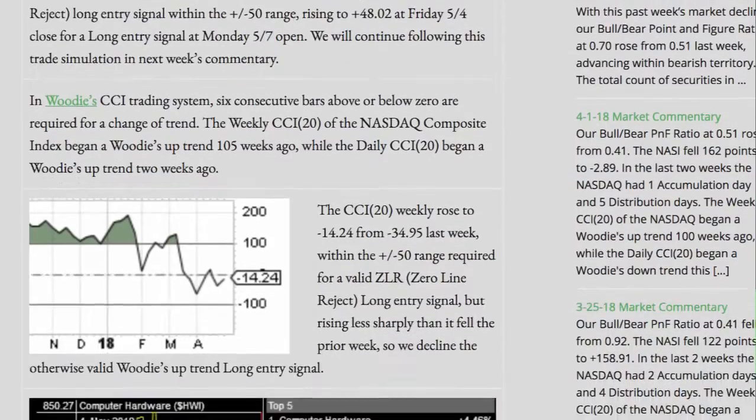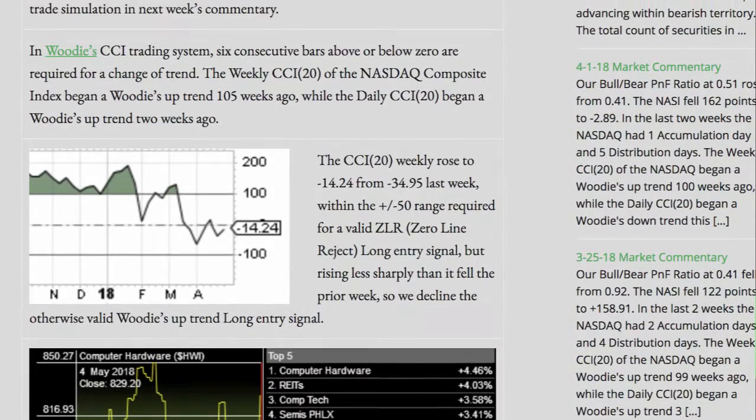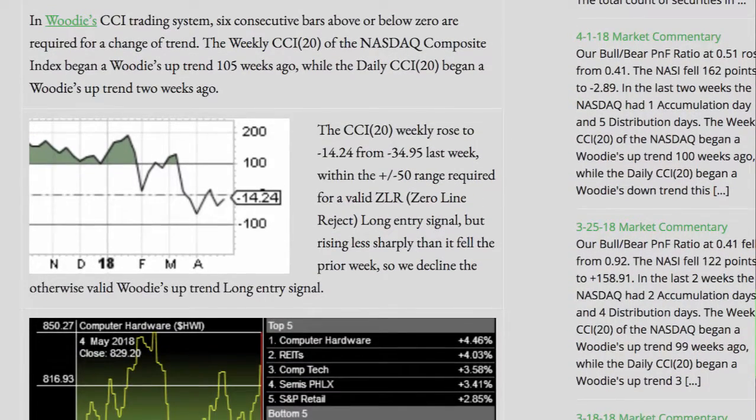In Woody's CCI trading system, 6 consecutive bars above or below 0 are required for a change of trend. The weekly CCI 20 of the Nasdaq Composite Index began a Woody's uptrend 105 weeks ago, while the daily CCI 20 began a Woody's uptrend 2 weeks ago.